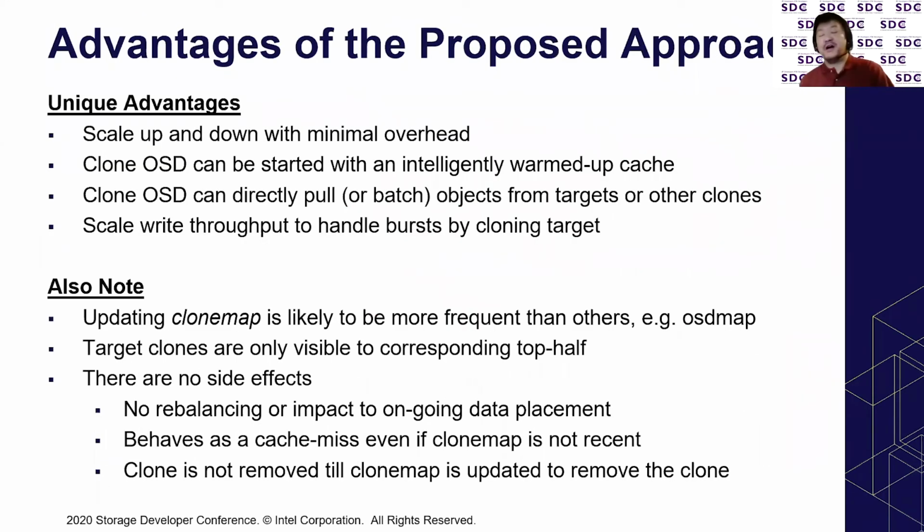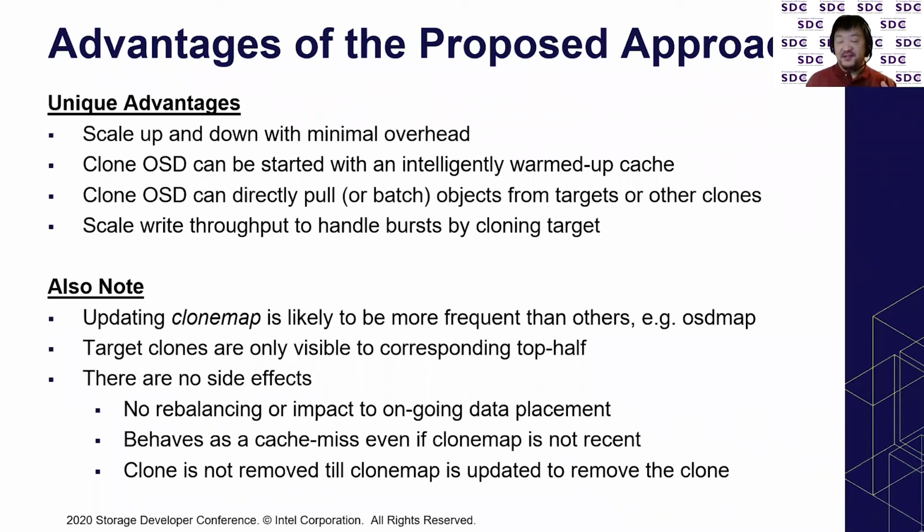So now I hope you will have a very good idea of the advantage of this proposed approach, at least I hope. And just to reiterate, this proposed approach has some unique advantages. You can see already the first goal we want to see is to scale up and down with minimal overhead.